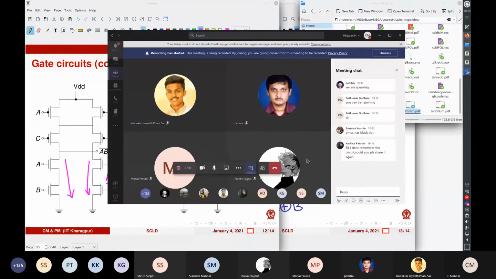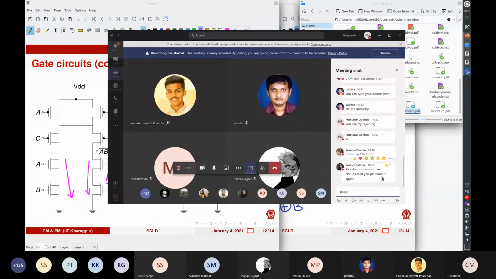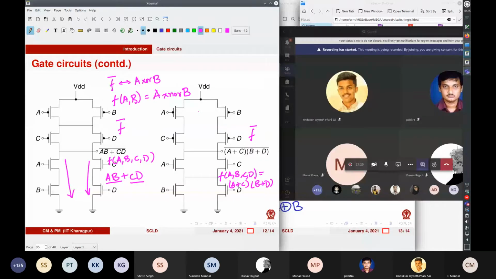Yeah, so can you use that principle now to get the structure of the XOR gate? So you consider the truth table of XNOR, all right? Identify the situation when XNOR is true, and under those conditions you provide a conducting path to the ground. Once you have done that, the series-parallel dual of the NMOS network will be your PMOS network.